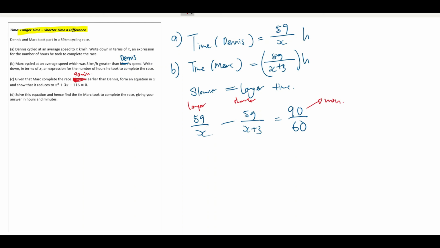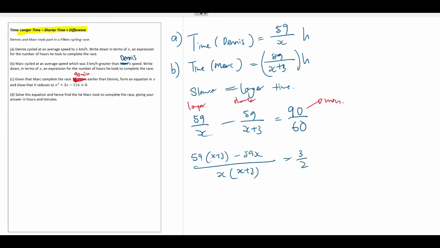Based on what you learned before, on the left side make it a common denominator. So 59 must times x plus 3 minus 59 must times x. The common denominator is x bracket x plus 3. 90 over 60 will give you 3 over 2. Why do you need to simplify?